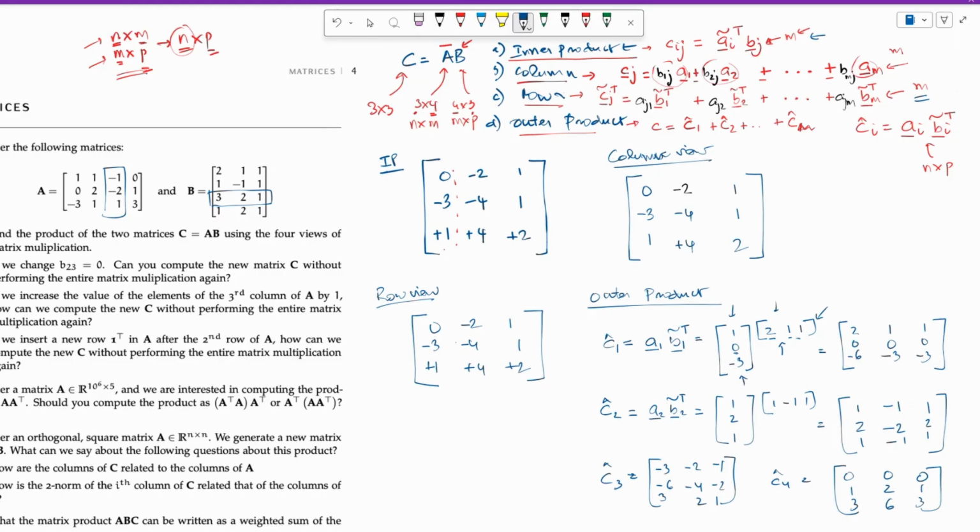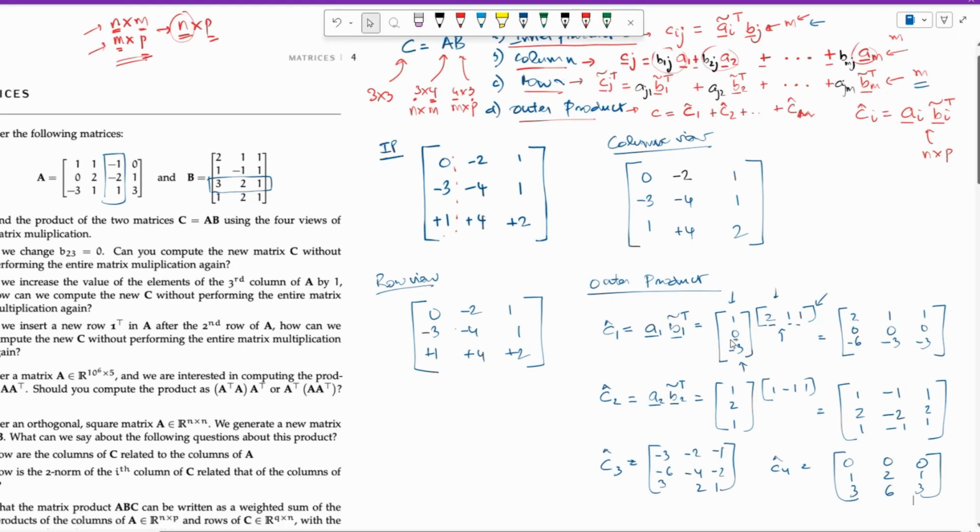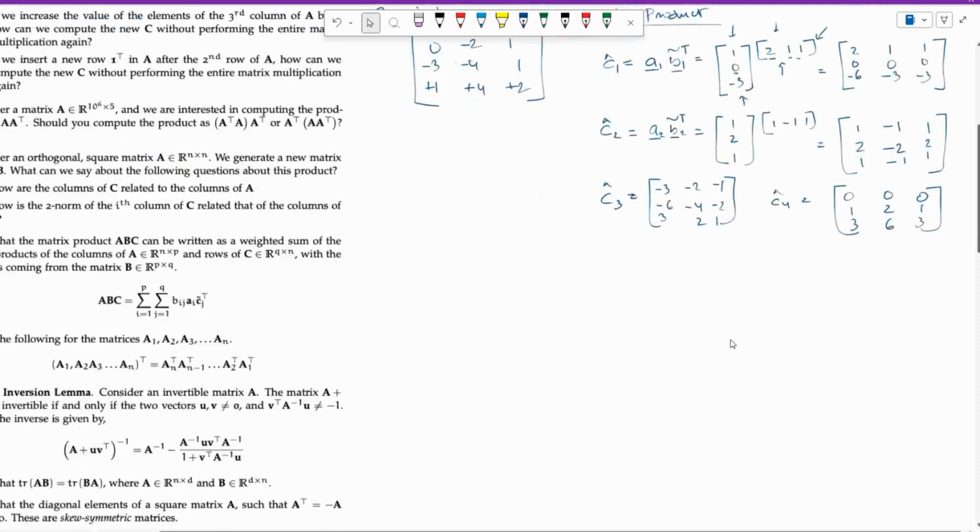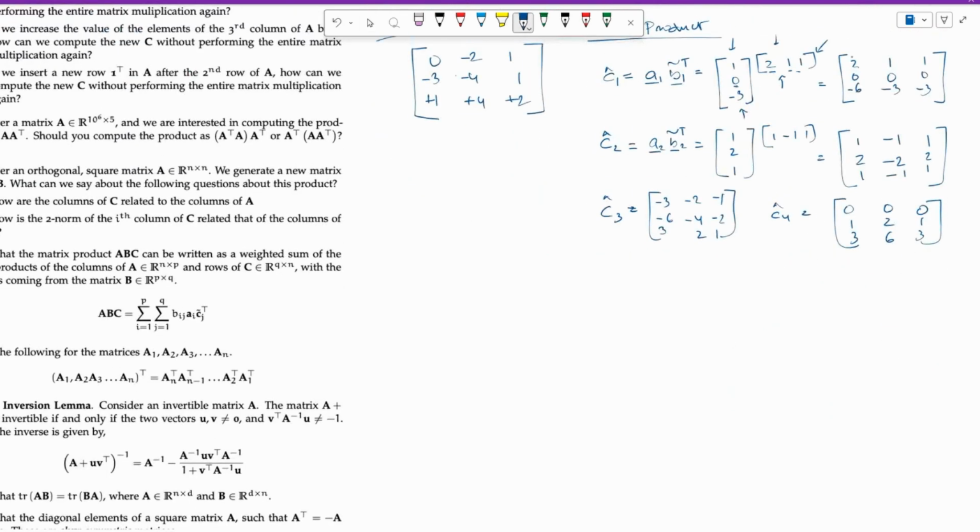Yep. Okay. Now you simply add C1 cap, C2 cap, C3 cap, and C4 cap, and that will be your final matrix. So you essentially add, and that will be your C.